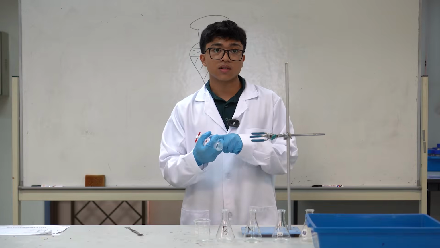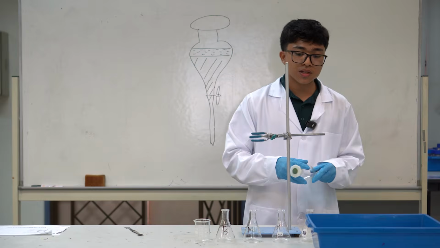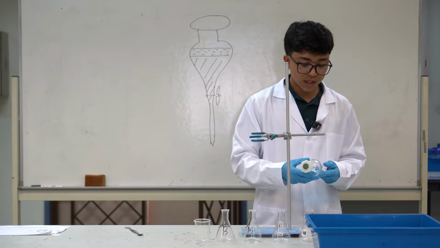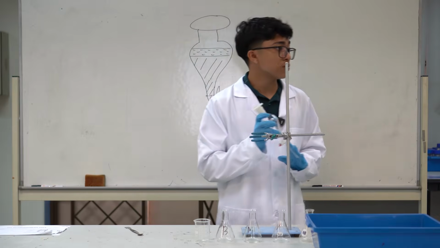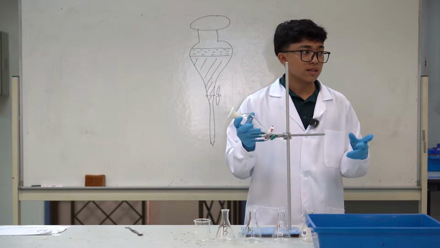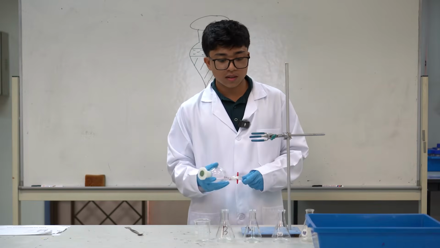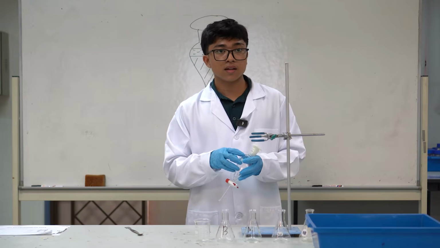It may cause it to break. After we finish the experiment, we need to clean all of the glassware with soap and dispose of the chemical in the specific container, because if we drain it in the sink, it might contaminate the environment.